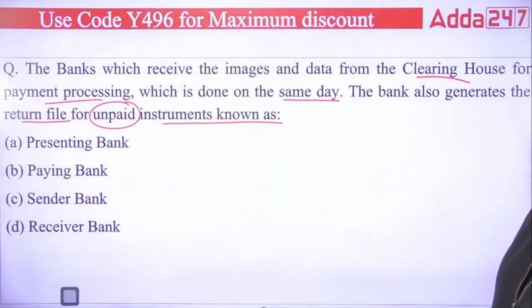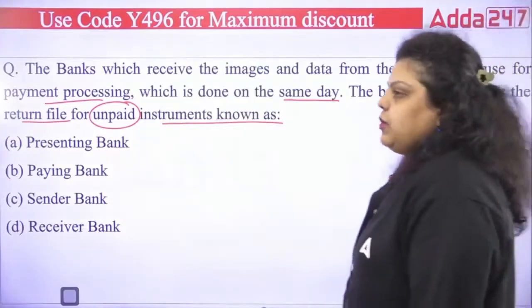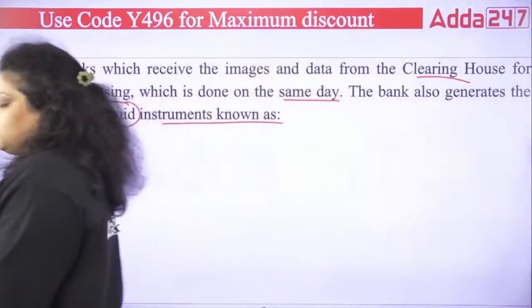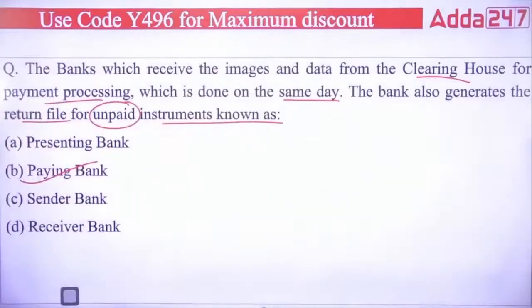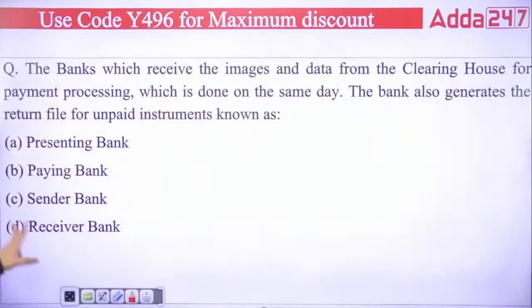It's a presenting bank, a paying bank, a sender bank, or a receiver bank. As you can see, the bank generates the return file. So that is the responsibility of which bank? It is the responsibility of a paying bank. So the right answer will be the B option.